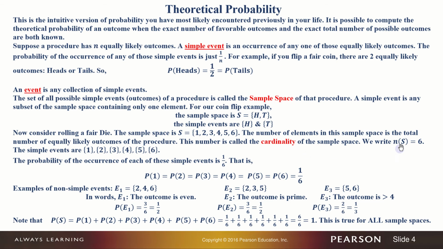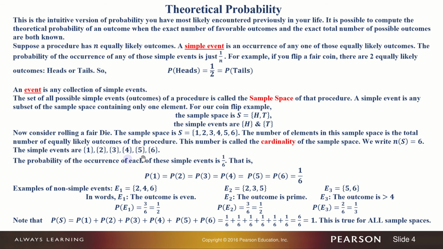And we write n(S), that means the number of elements in the set S is 6, and the probability of the occurrence of each of these simple events, the outcome being 1, 2, 3, all the way up to 6, is going to be 1 over 6, right?